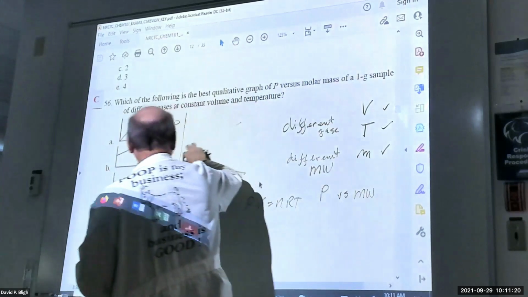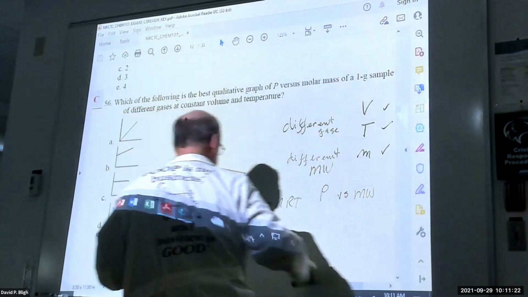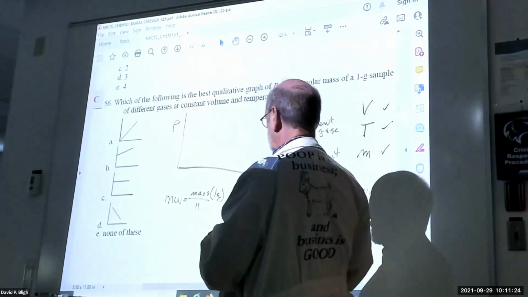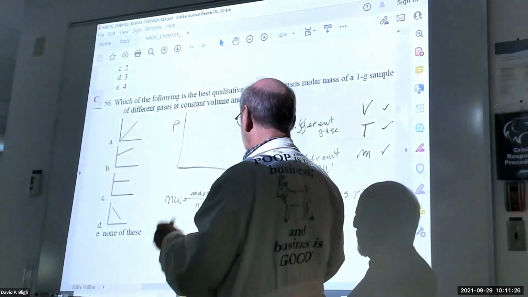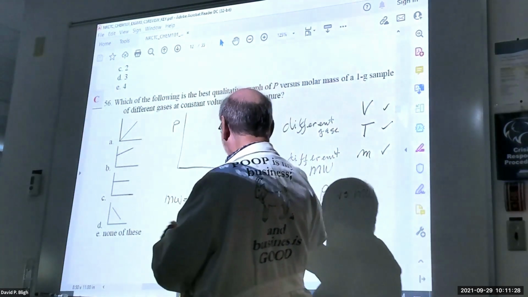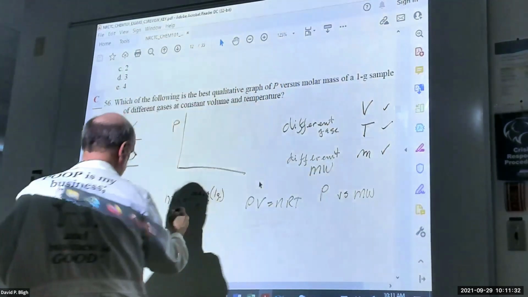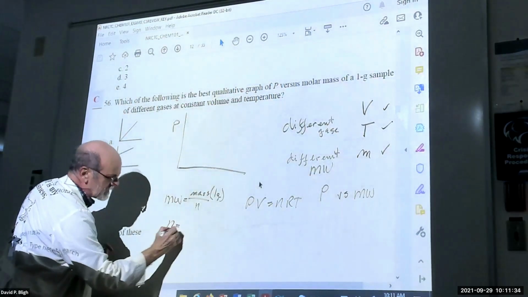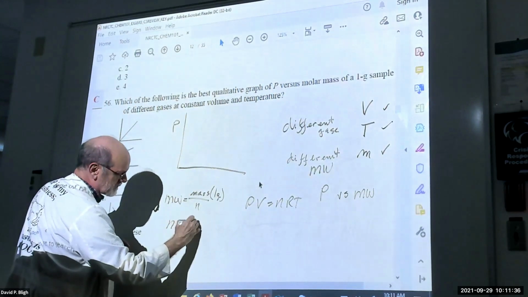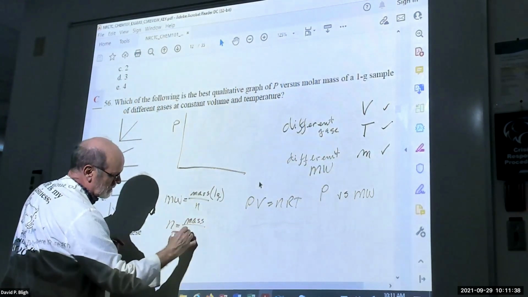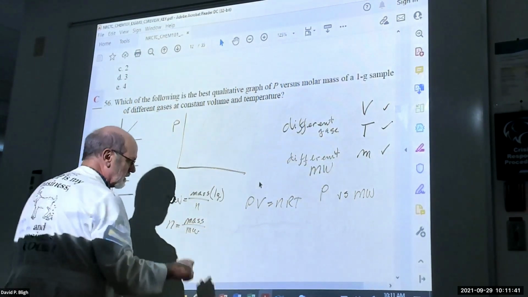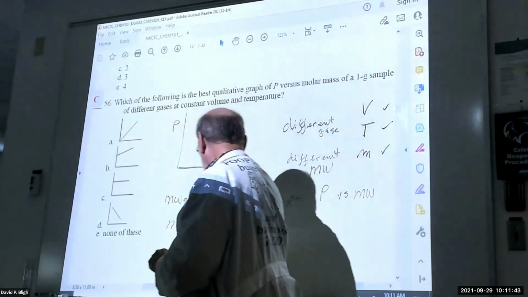But what we're actually comparing is molecular weight. So let's combine these. Let's solve this for moles: moles equals mass per molecular weight.